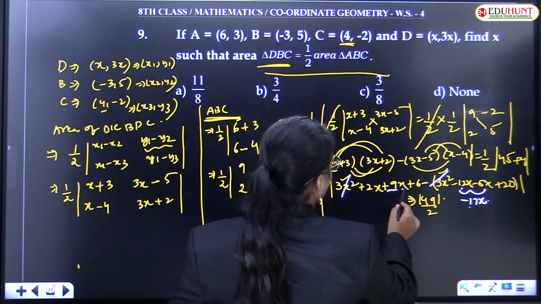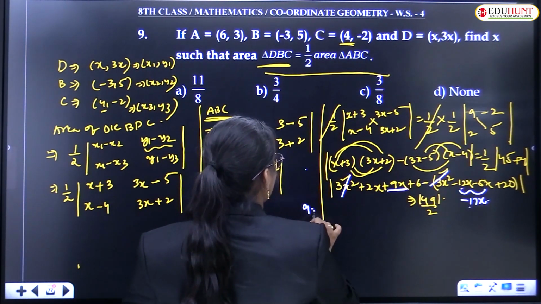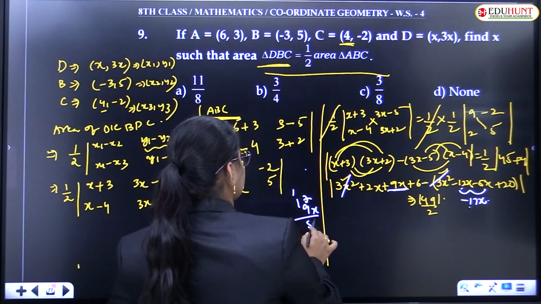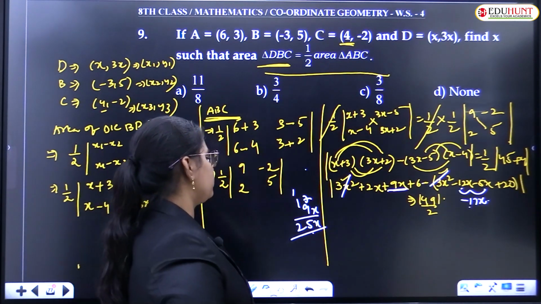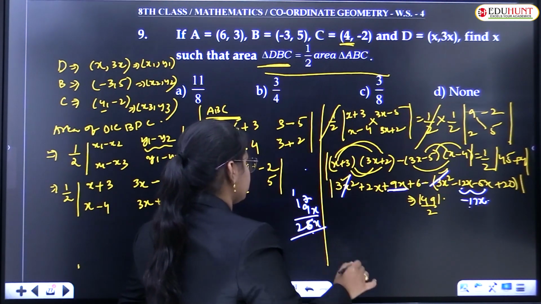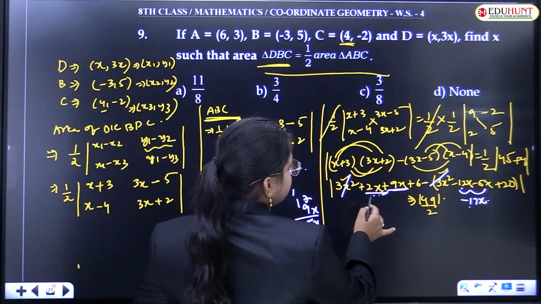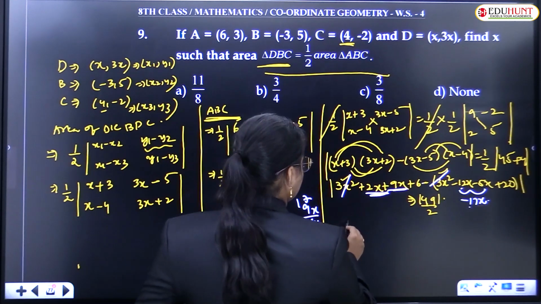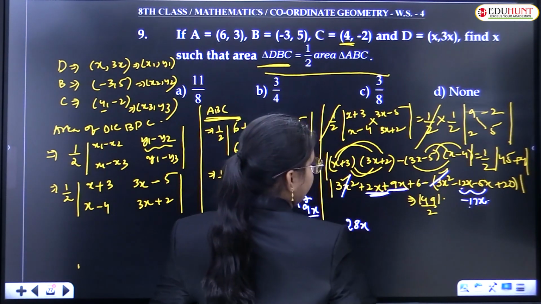So this value you are having 9x, correct? 9 plus 17 is 26x, correct? 26x plus one more 2x is there, which is 26 plus 2, 28x. So you are done with the x terms.